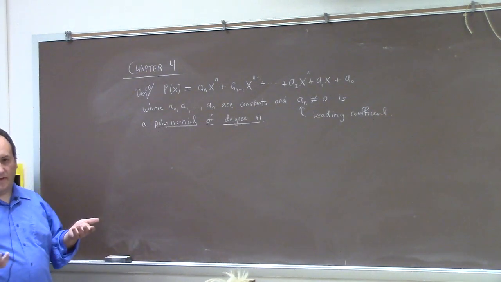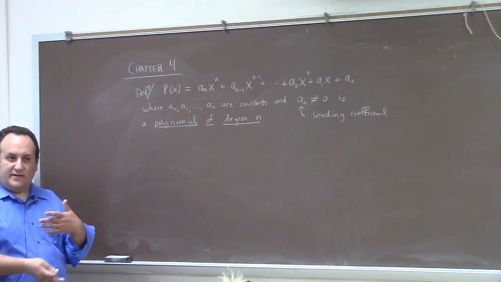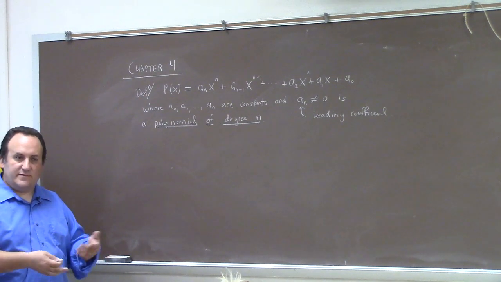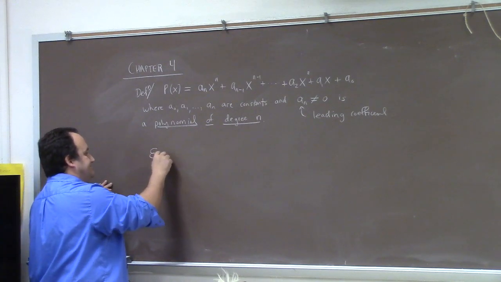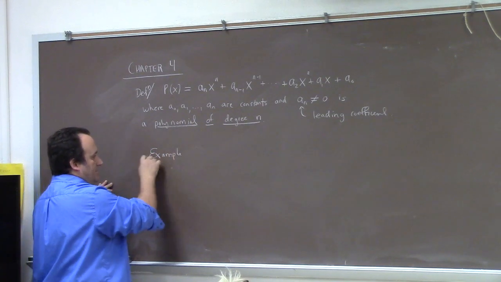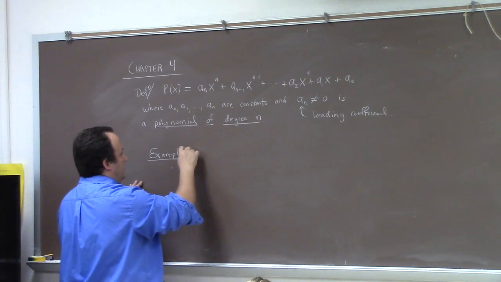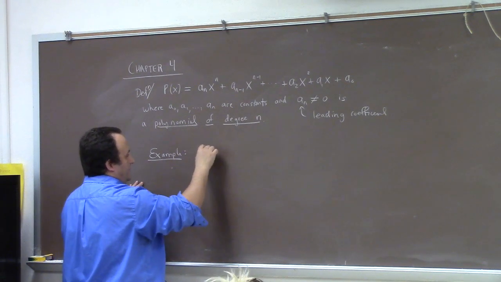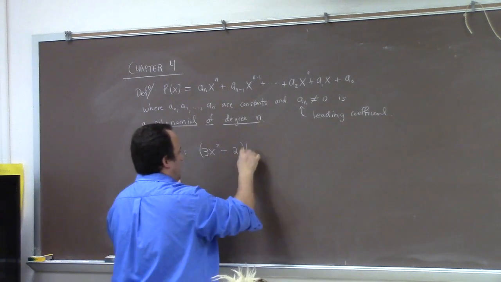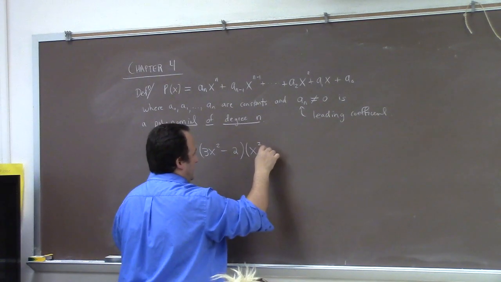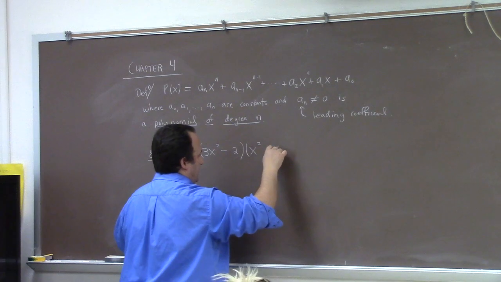What can we do with polynomials? We can add them, we can subtract them, we can multiply them by numbers. How does that work? Let me show you some examples. So we could have 3x squared minus 2 times x squared plus x plus 1.